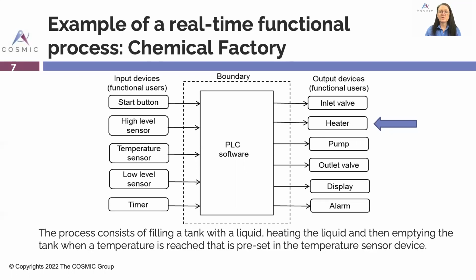When the software is informed that the preset temperature is reached by the temperature sensor, it sends a command to stop the heater and then open the outlet valve and start the pump to empty the tank. The pump continues emptying the tank until low level is reached, detected by the low level sensor.